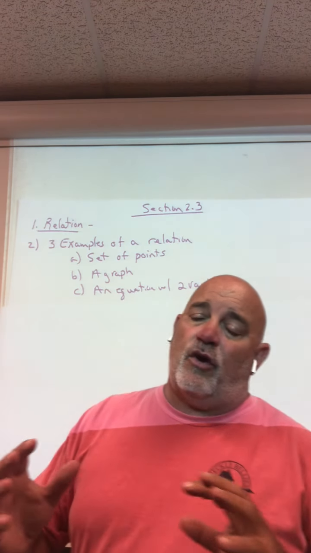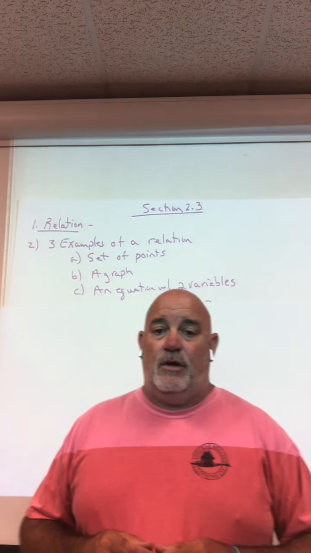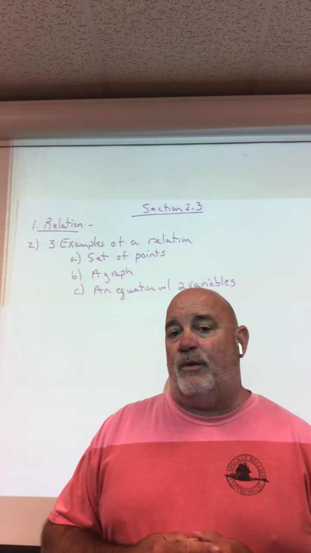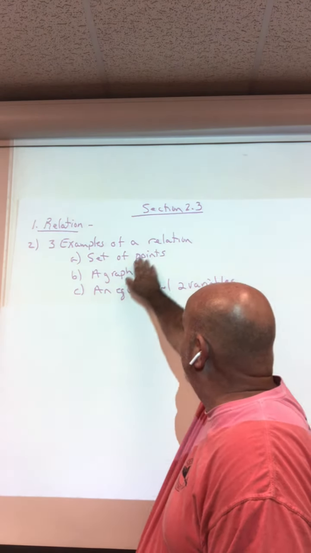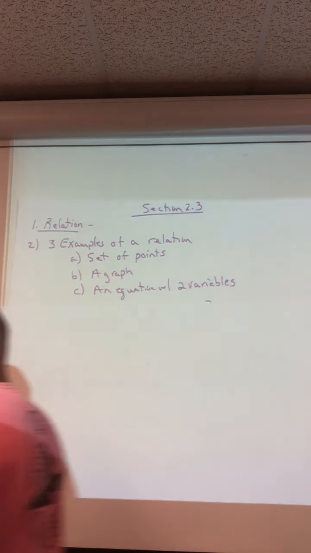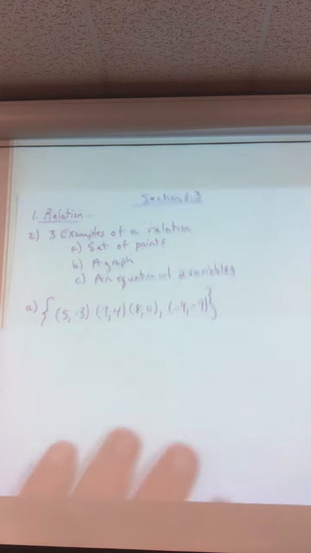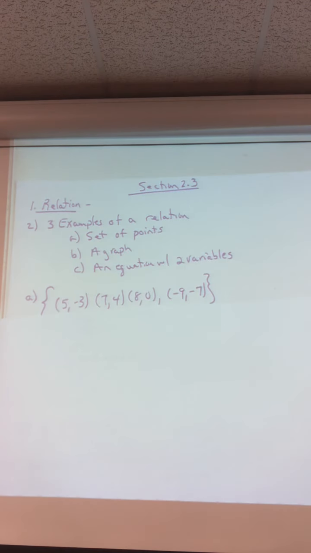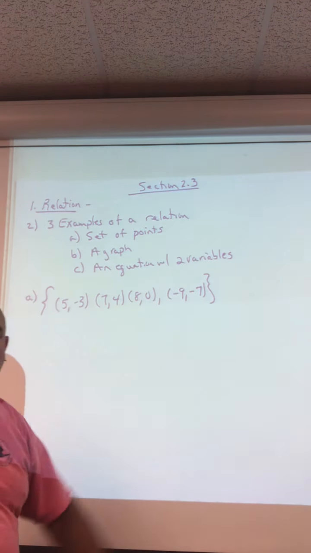Now, when you represent a group of points, you don't have to just write the points out. A group of ordered pairs can be represented multiple ways. For instance, one example of a relation is just a set of points. You want to pause the video and write that down. So what you're looking at right here is a relation because it's a group of points.